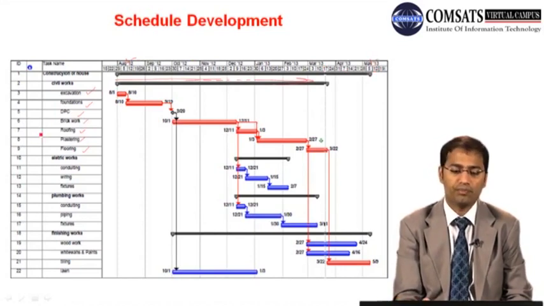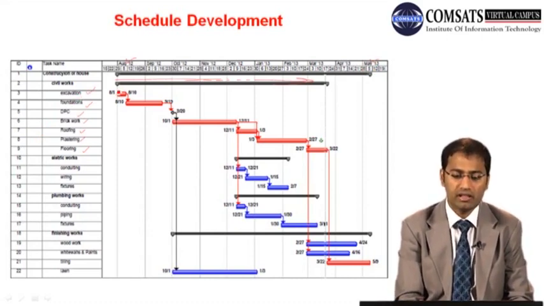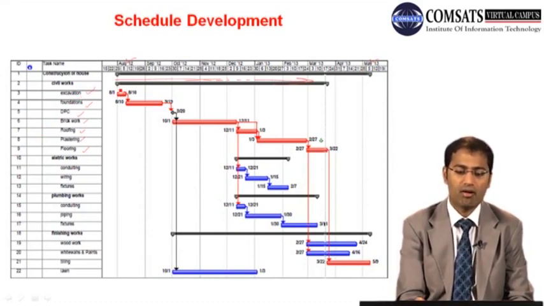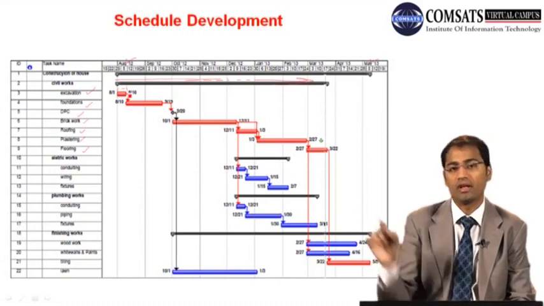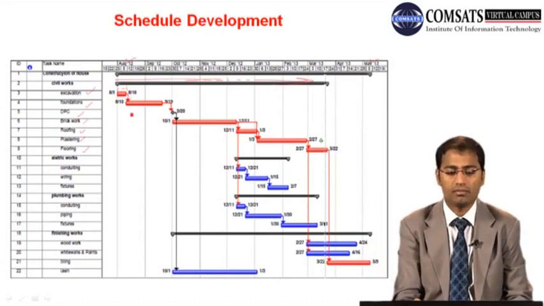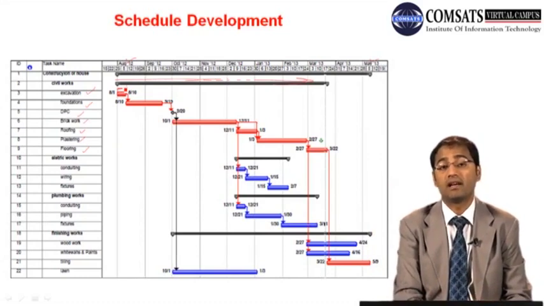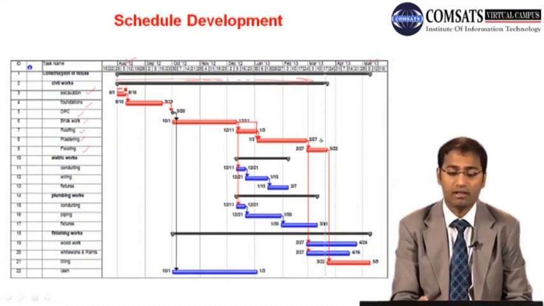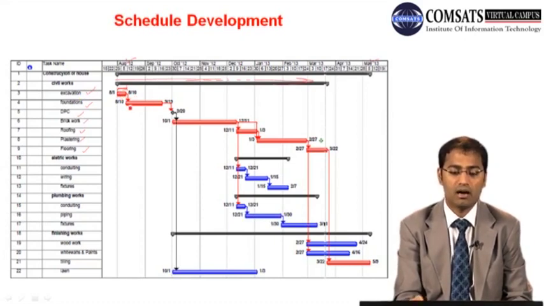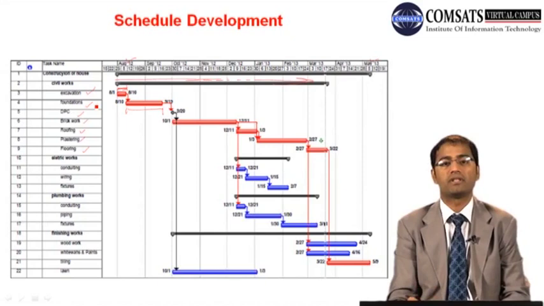So if we have this excavation part, the length of the bar actually represents the duration of this particular activity, excavation. And this bar is showing the duration of this activity, foundations.